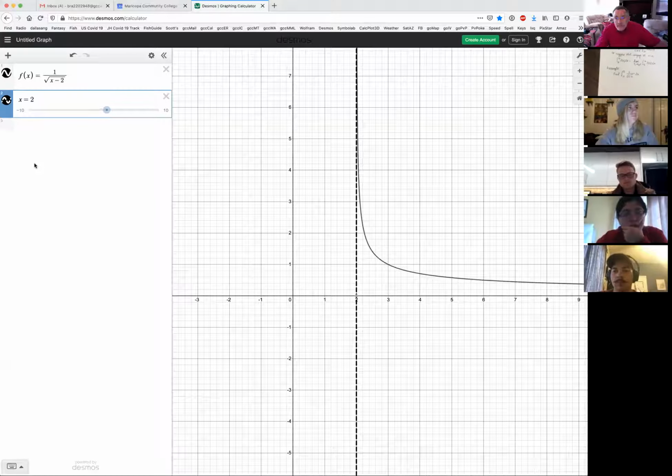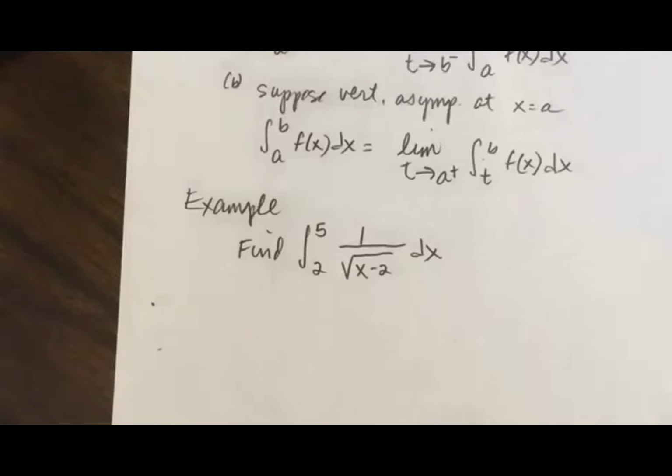Notice in this one, we'd even have a bigger problem if we said the integral from, say, 1 to 5, because when we put in a 1, there's no function. So there's no antiderivative and no area. If I said minus 1 to 5, you'd say, well, that's a little weird.